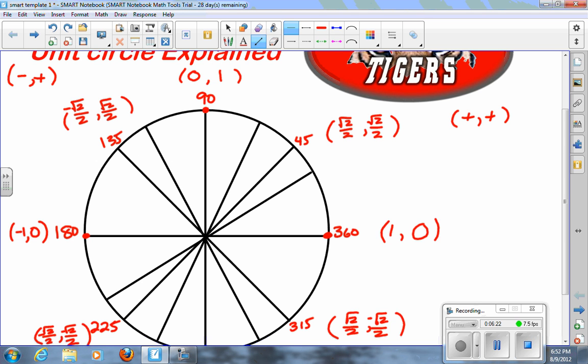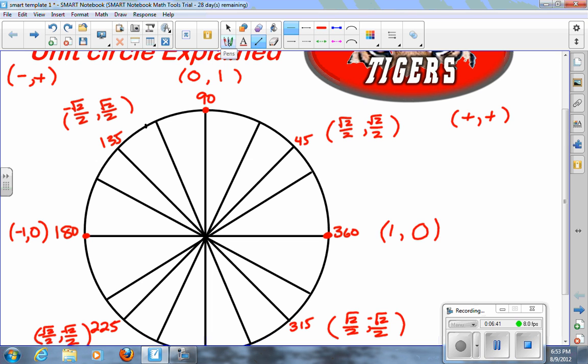These may not be perfect, but get the hint. Okay, each of these lines now represents 30 degrees.